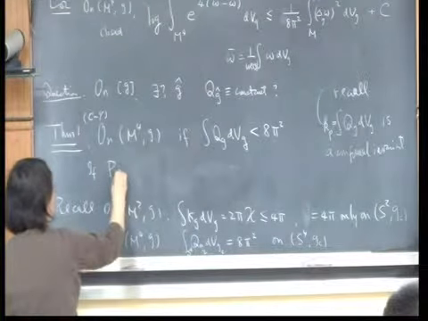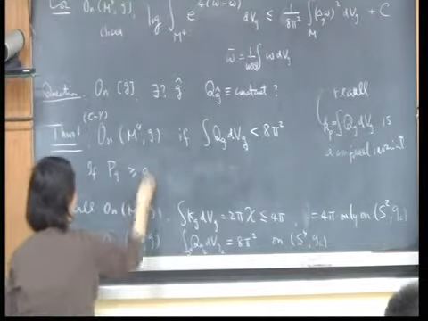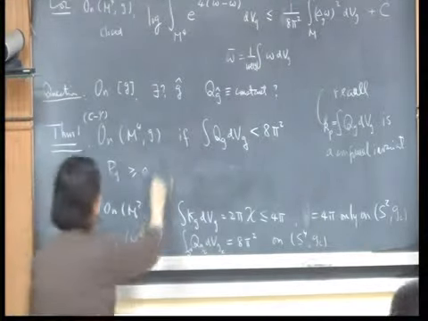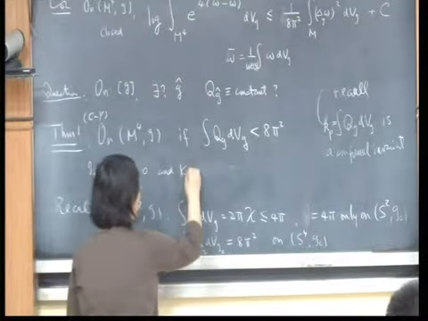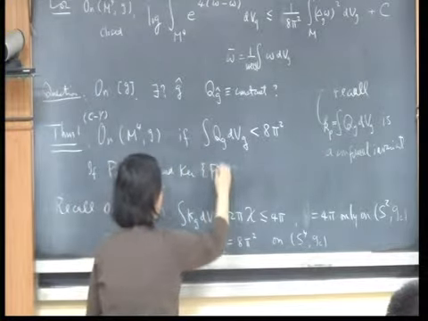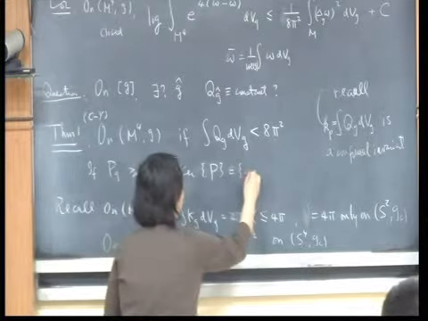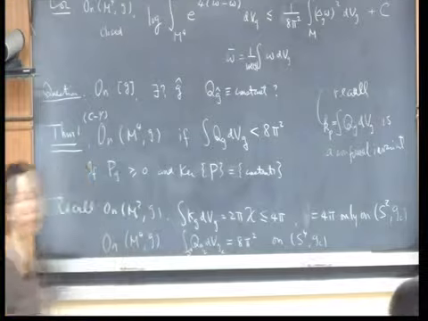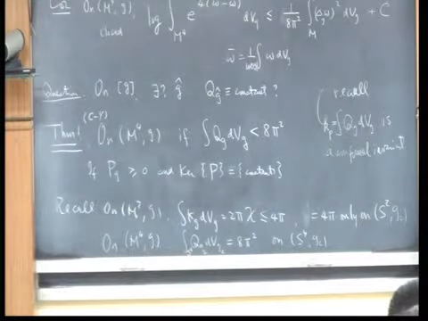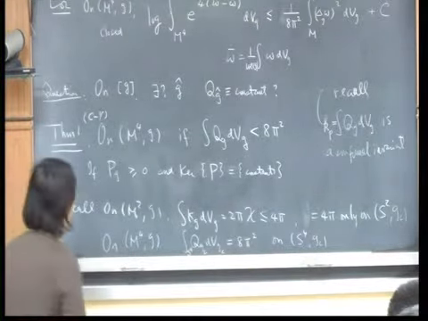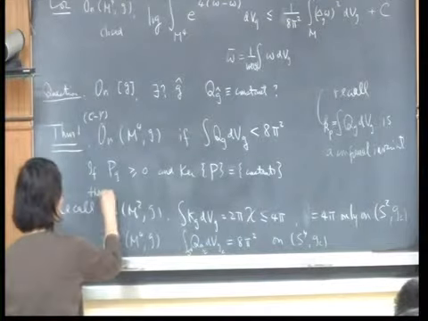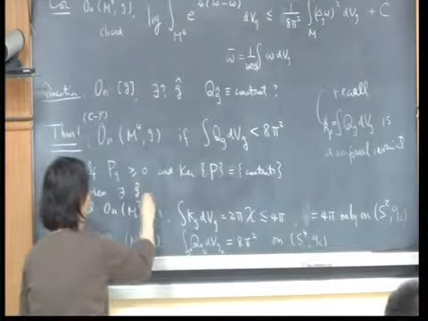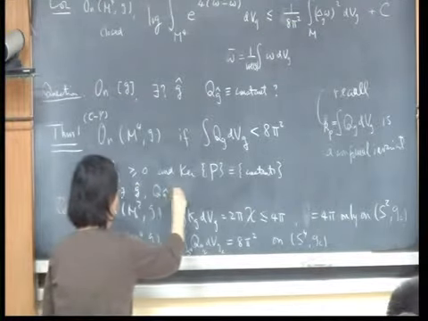The additional assumption is, if we assume this operator P is positive, and the kernel of P consists of constants, then there exists some g hat with Q g hat equal to constant.